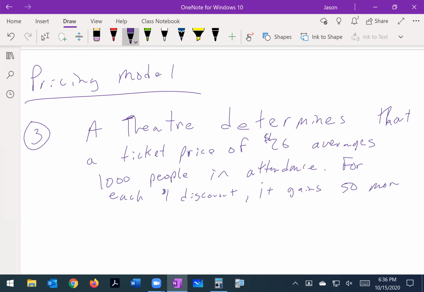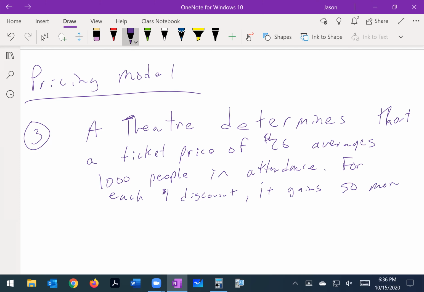Okay, I want to take the derivative of this and set it equal to 0. Okay, well, let's just do the product rule. Okay, let's take the derivative and the product rule. Okay, so the derivative of the first is the derivative of 26 minus N, which is negative 1, times the second, plus the derivative of the second, that's 50, times the first, 26 minus N. Okay, so now let's simplify this, distribute and simplify.